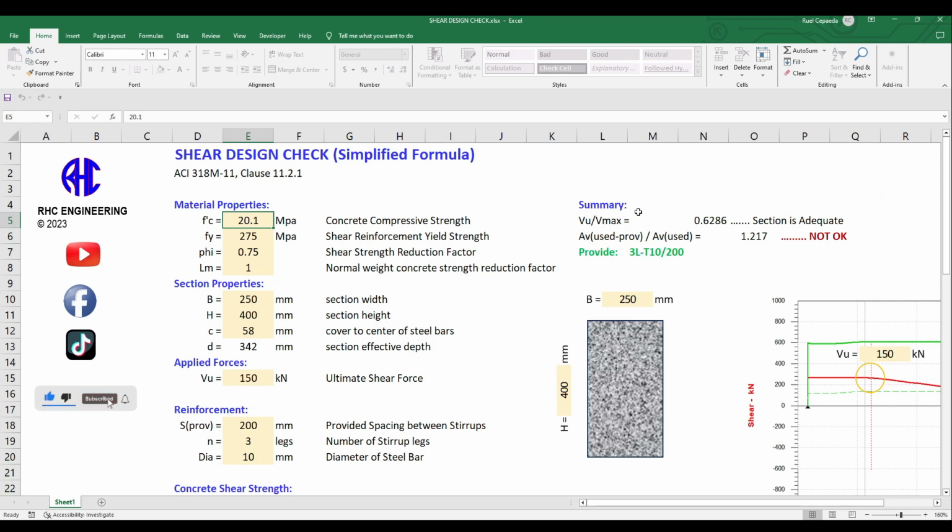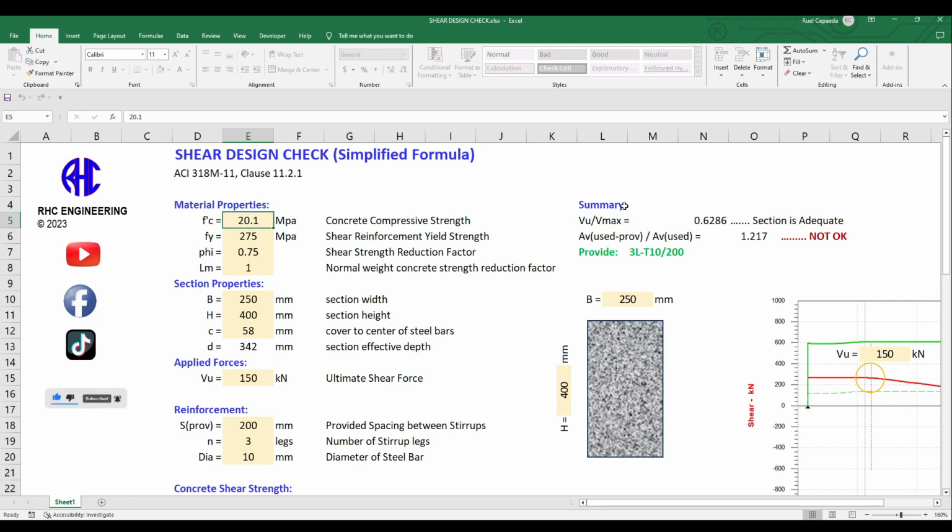Then we have a summary here. So we have V over V max. Section is adequate, but when we check the Av provided over the Av required, it is more than 1.0.